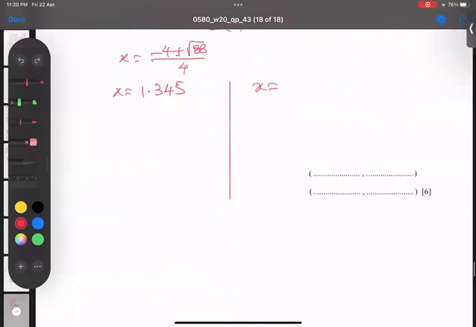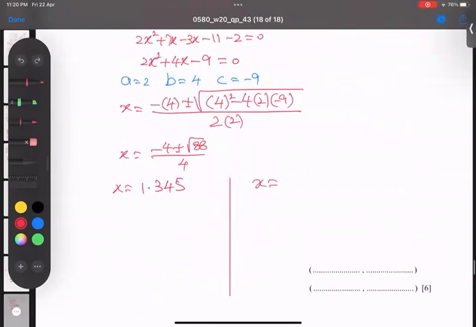Sometimes he asks for 3 dp, so make sure. So 2 dp means x becomes 1.35. The other answer becomes negative 3.345, which turns to negative 3.35. And the question is not over because he's asking for the x coordinate. So here I'm writing 1.35 and here negative 3.35.